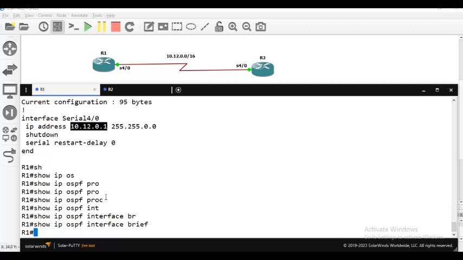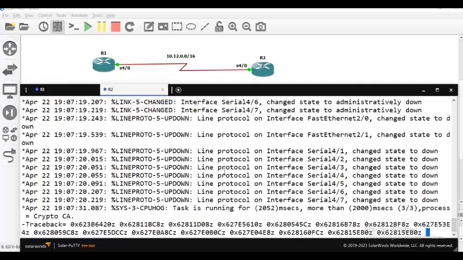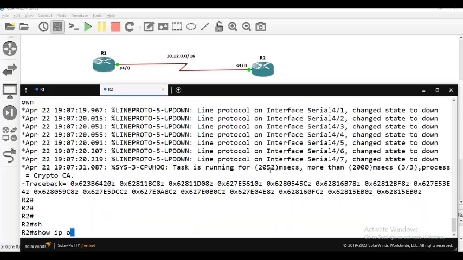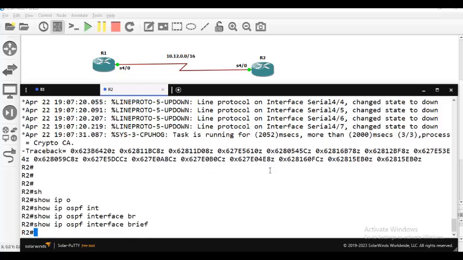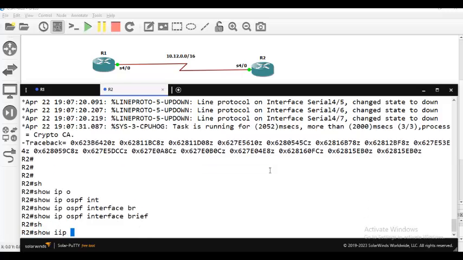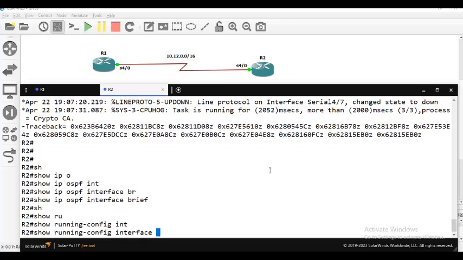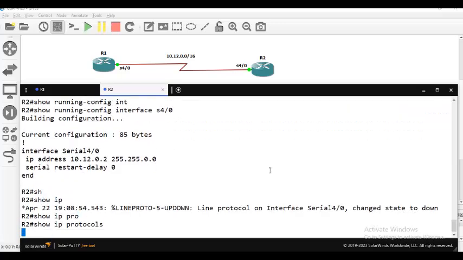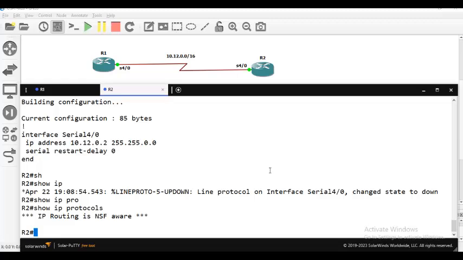Okay, let's first of all enable OSPF. What about this router? Show IP OSPF interface brief. No. Okay, no protocols. I didn't save the previous class configuration.